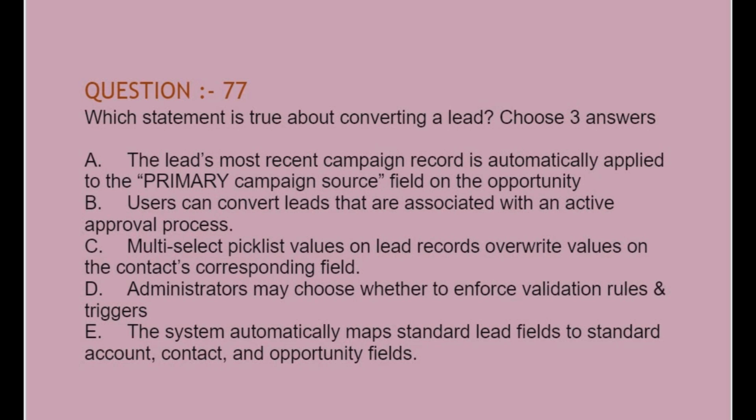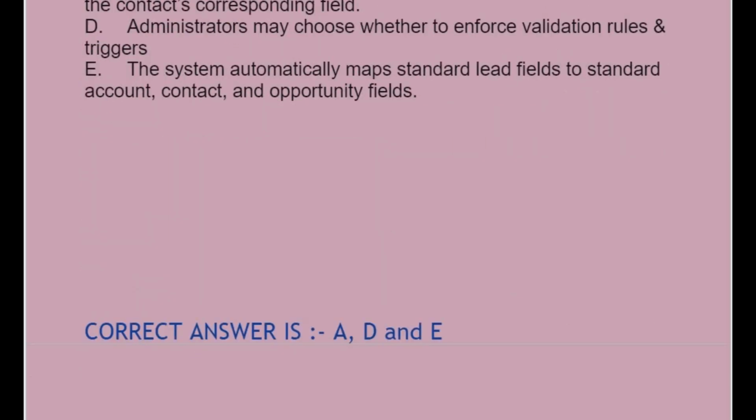Option C, multi-select pick list values on lead records overwrite values on the contact's corresponding field. Option D, administrators may choose whether to enforce validation rules and triggers. Option E, the system automatically maps standard lead fields to standard account, contact, and opportunity fields. Correct answer is option A, D, and option E.